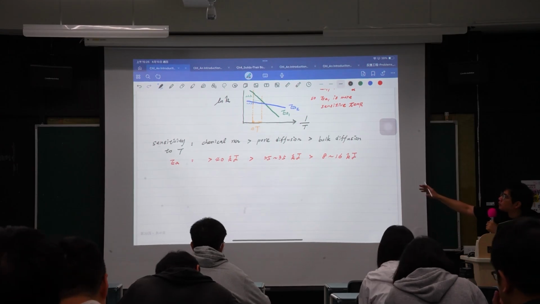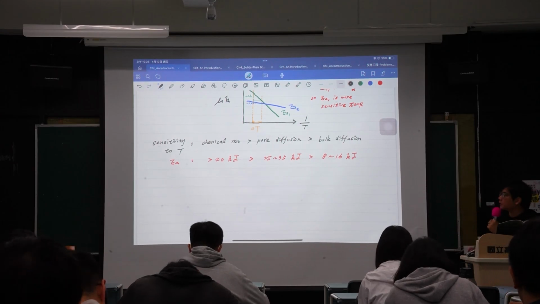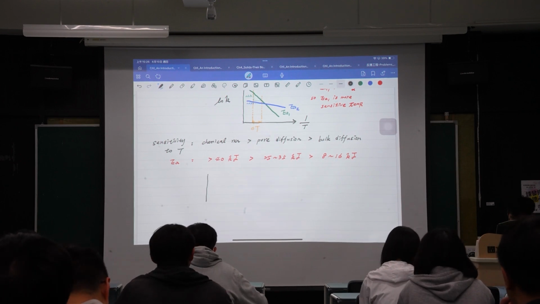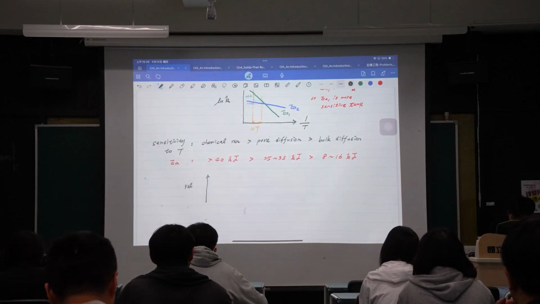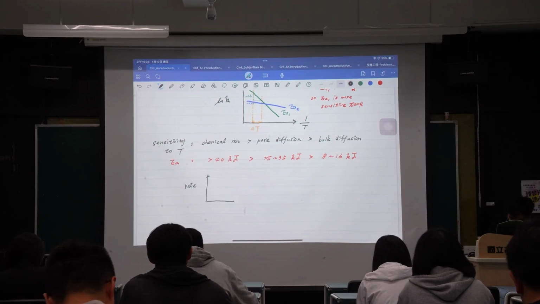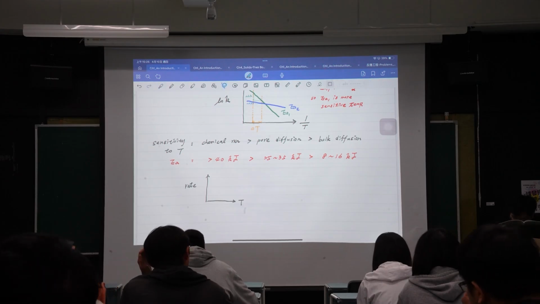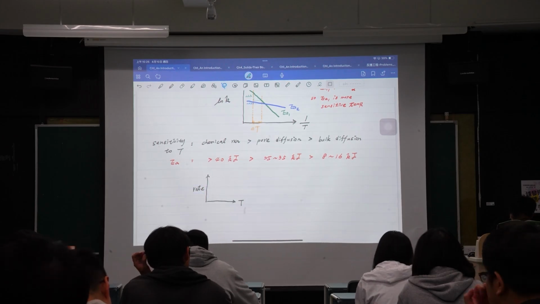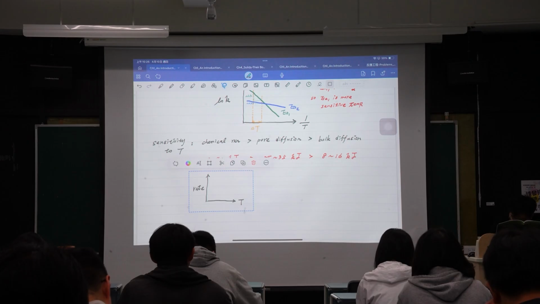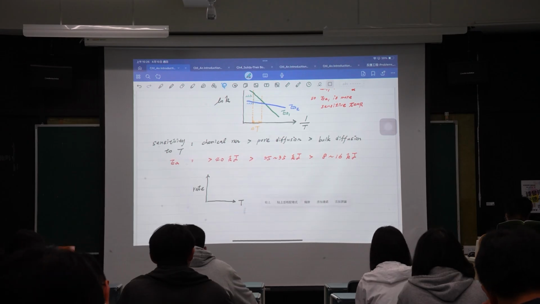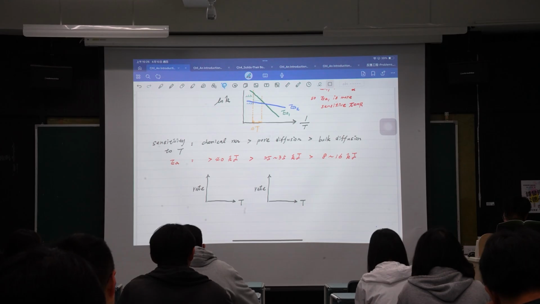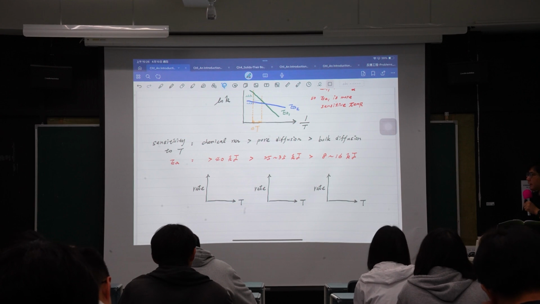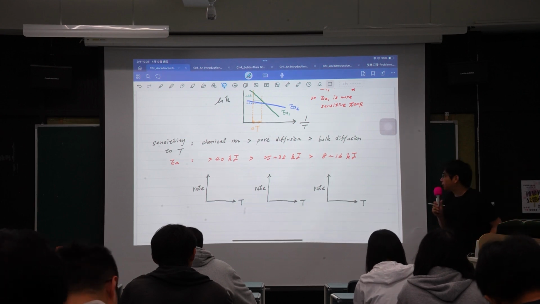Okay, so if we plot these three processes in the rate versus temperature plot, how does it look?